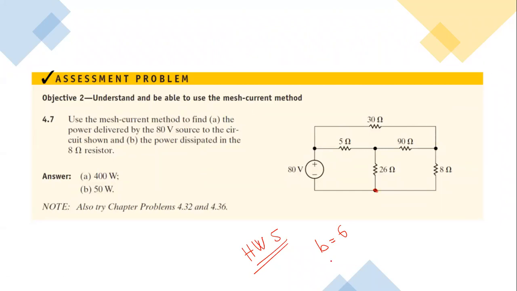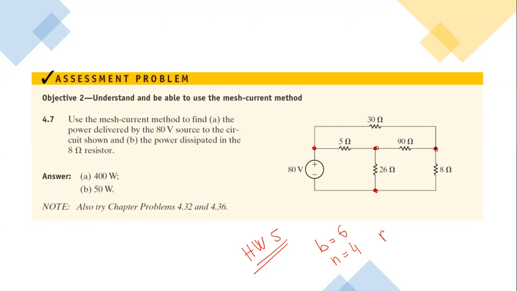Okay, how many nodes do I have in this circuit? 4. So this one, this is another one, this is another one, and this is another one. So I have 4 nodes.